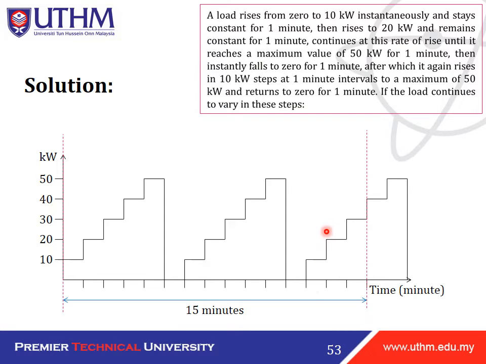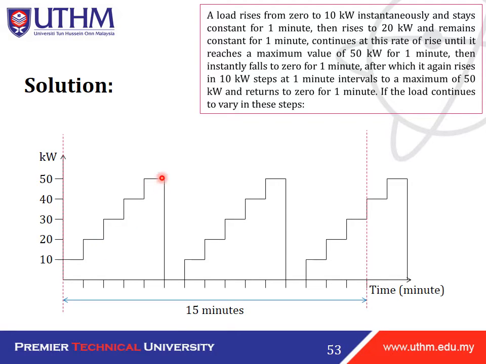We need to draw the load rise. So it said that a load rises from 0 to 10 kilowatt hour instantly and stays for 1 minute. So this is 10 kilowatt hour, and this is 1 minute, and then rises to 20 kilowatt hour, also stays for 1 minute, continuing this rate of rise until 50.